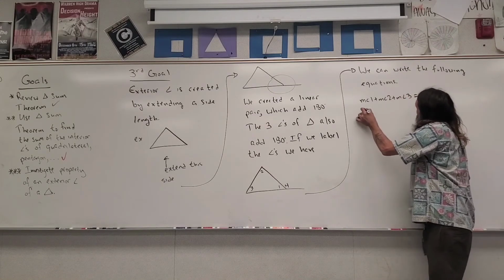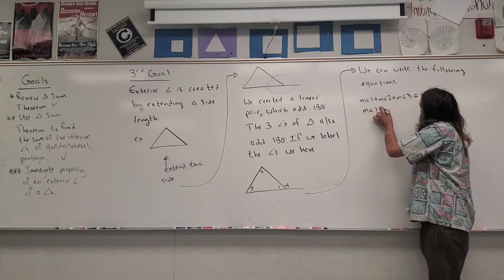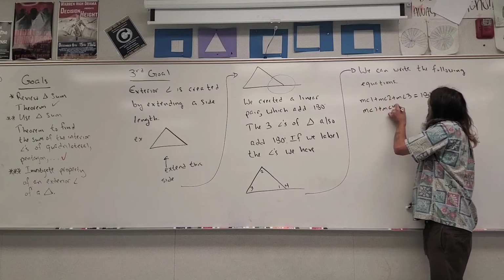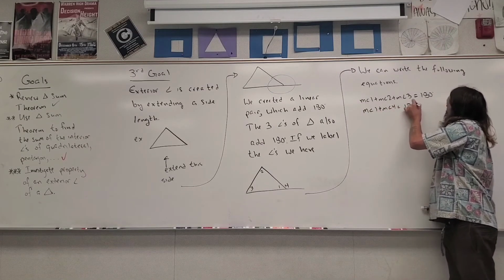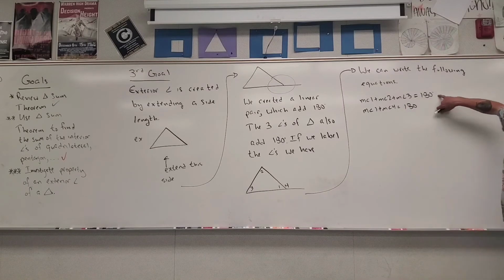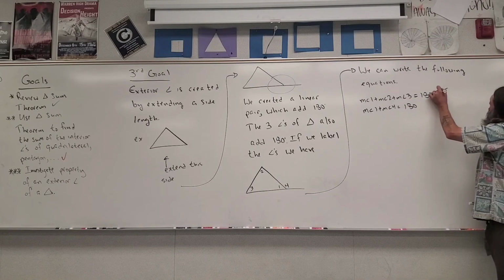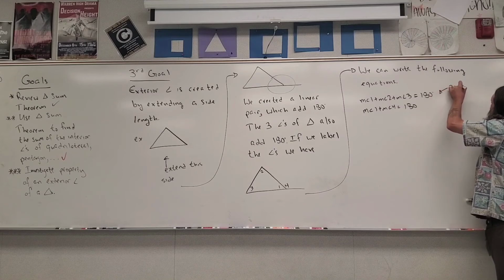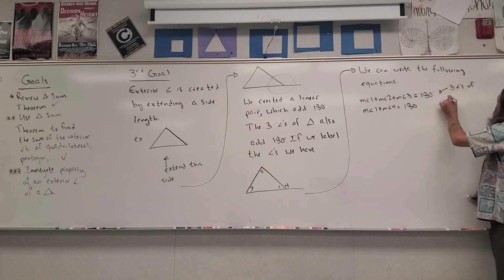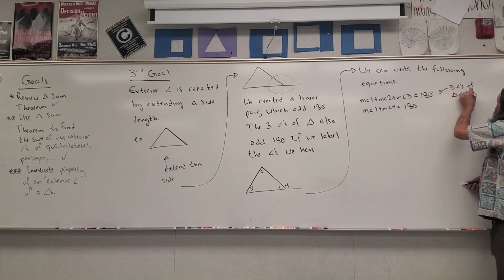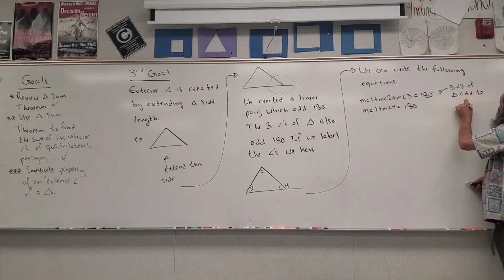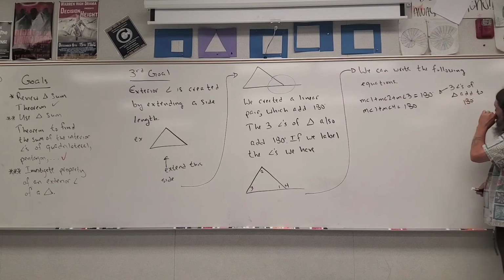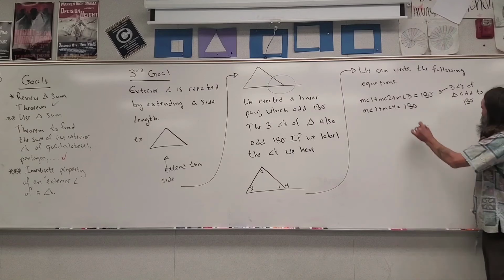I can also say that the measure of angle 1 plus the measure of angle 4 add to 180 degrees. The first reason why is because the three angles of a triangle, right? The second one is because I have a linear pair.